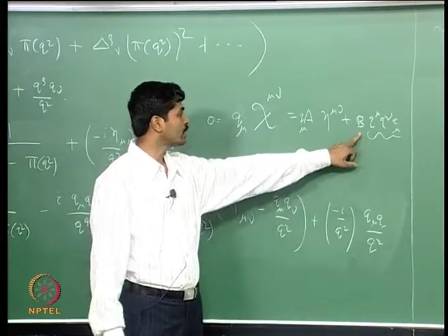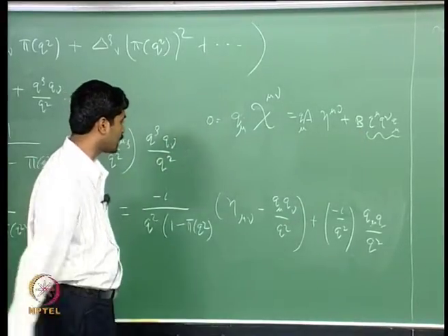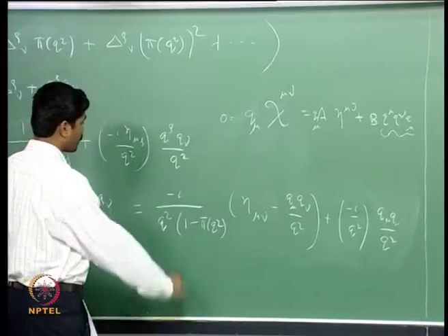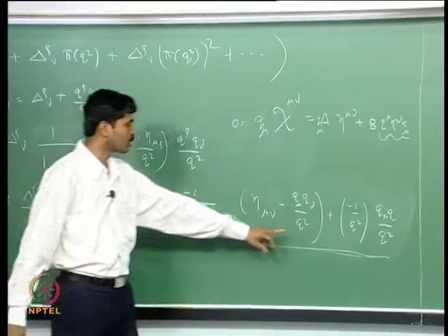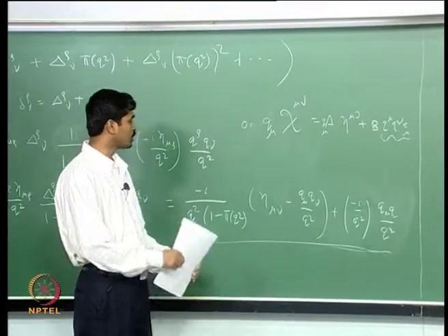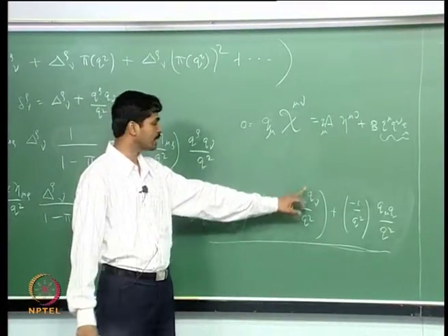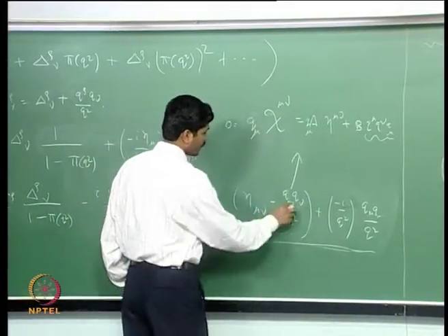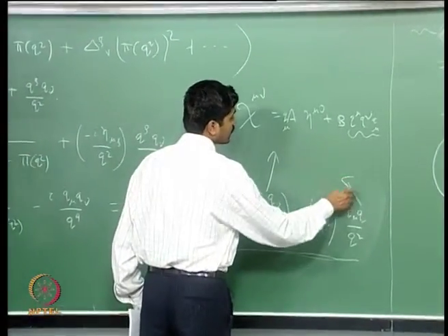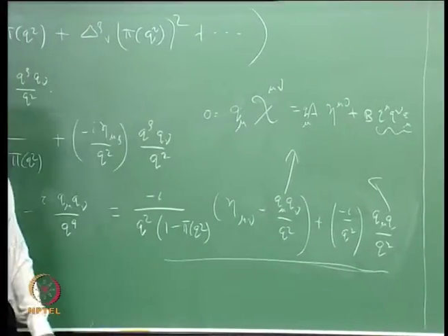Therefore, the Ward identity tells us that although the full propagator for the photon has all these terms here, if we evaluate the S matrix elements, then the second term in this expression as well as this term will not give any contribution.